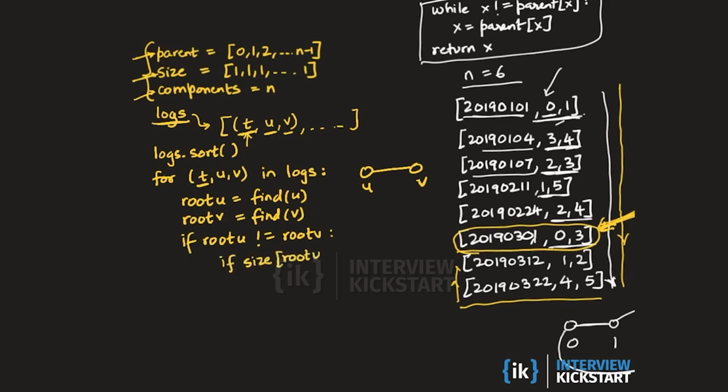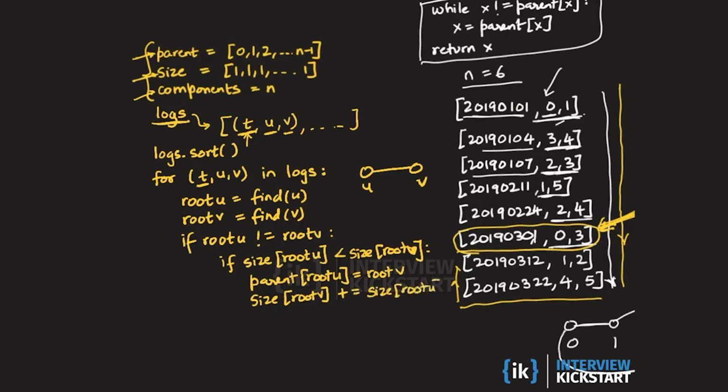If the size of the subtree rooted at u is smaller than the size of the subtree rooted at v, then we will decide to make the parent of root u be root v, and we will likewise have to change the size of root v to grow by the size of the subtree that has just come under it.